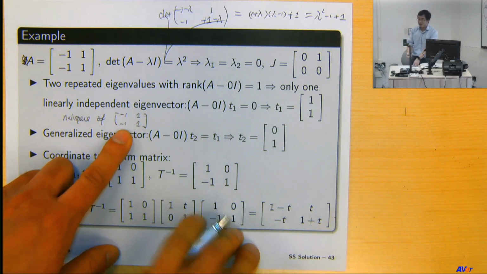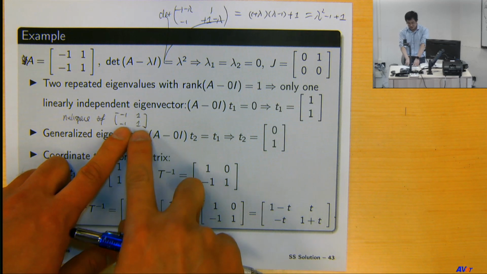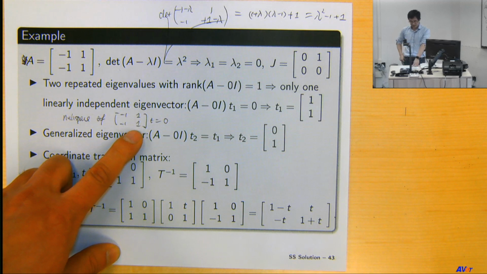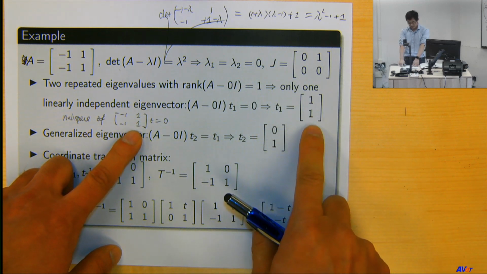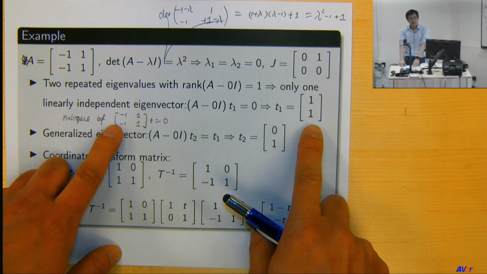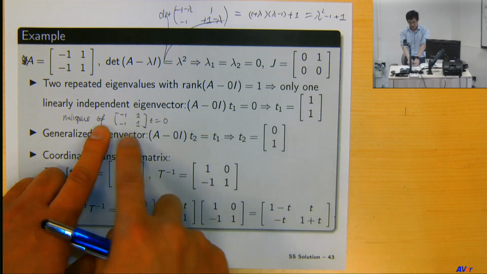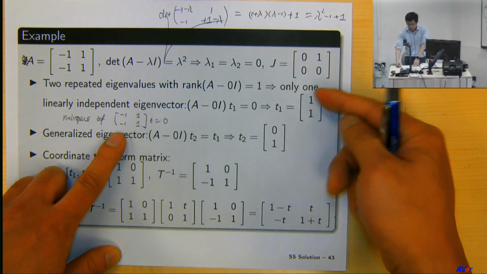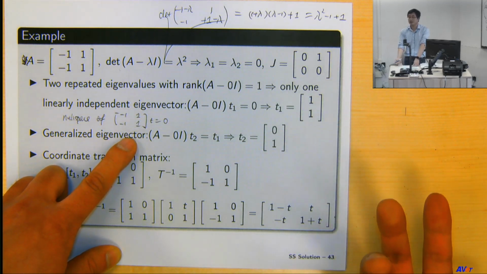So we're checking how many linearly independent vectors we can get by doing this. You can see that one of the solutions is this one: the second element of the vector must be equal to the first element, because the second column is the negative of the first column. So the two elements in T must be the same. And that's the only thing that we can get out of this.